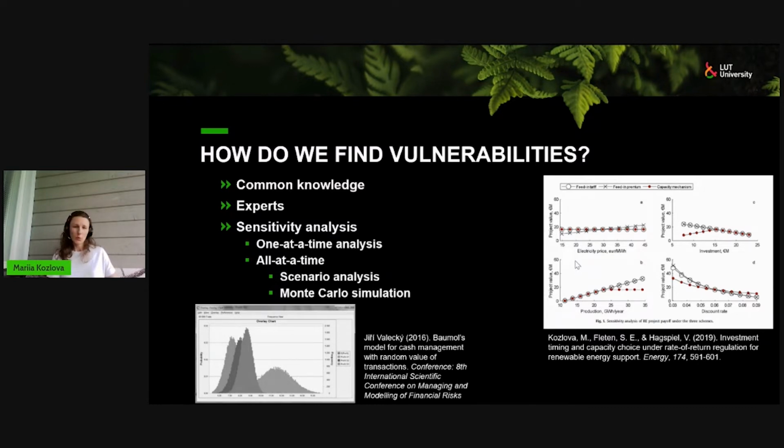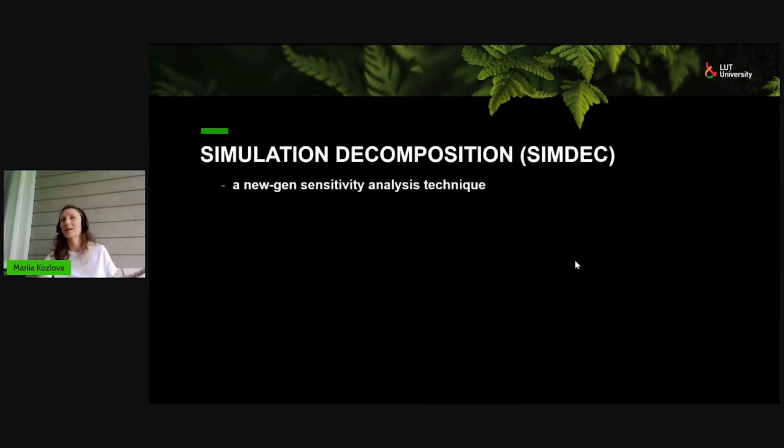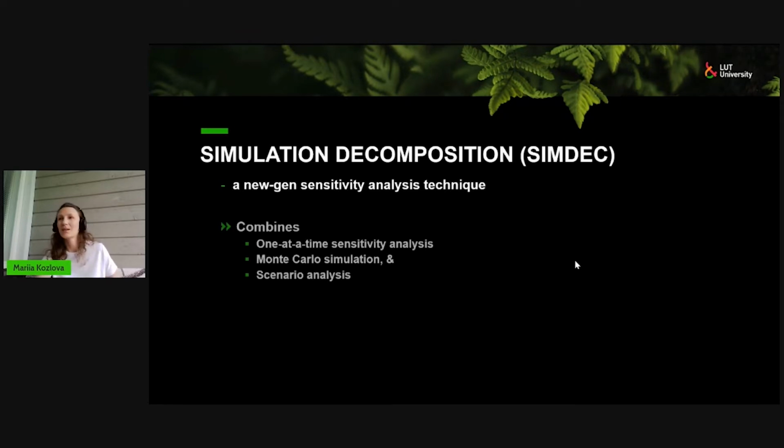Well, while playing with a case like that, we accidentally invented a new approach that I would argue is a nice systematic technique to discover the key insights of model behavior, and we called it simulation decomposition. One can refer to it as a new generation sensitivity analysis technique. Now, what does it do?